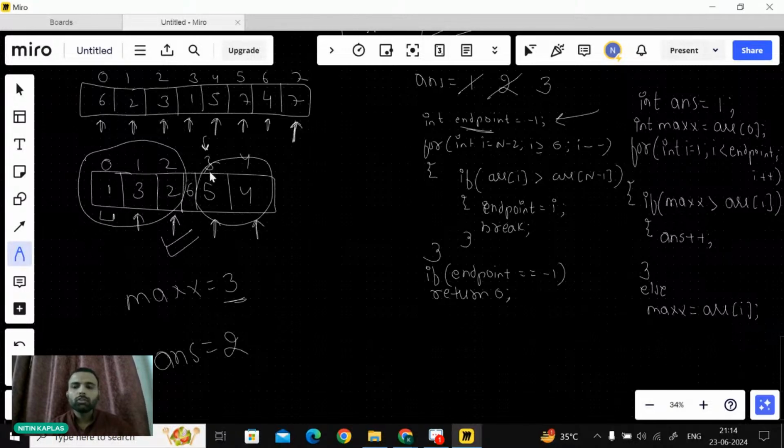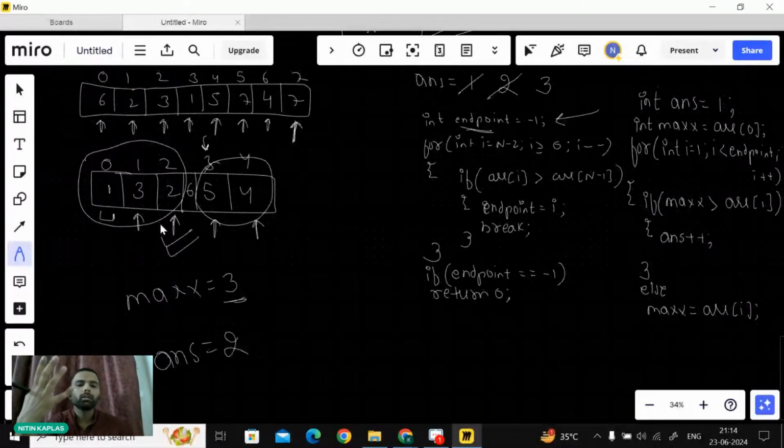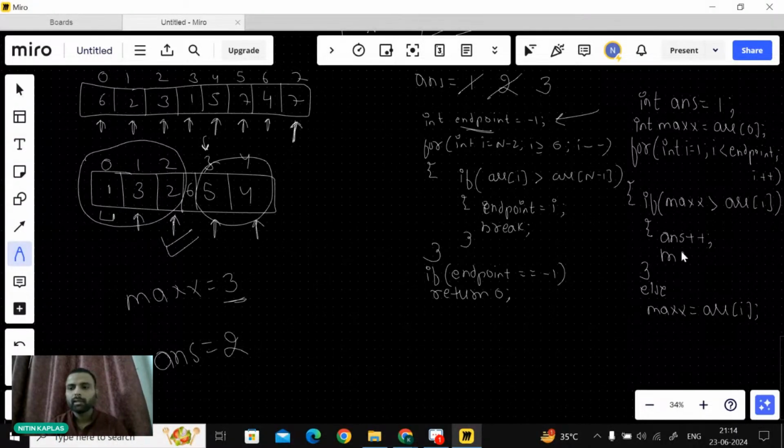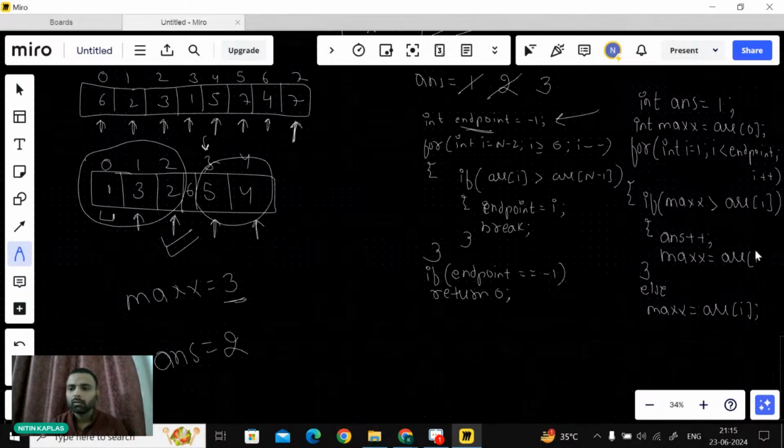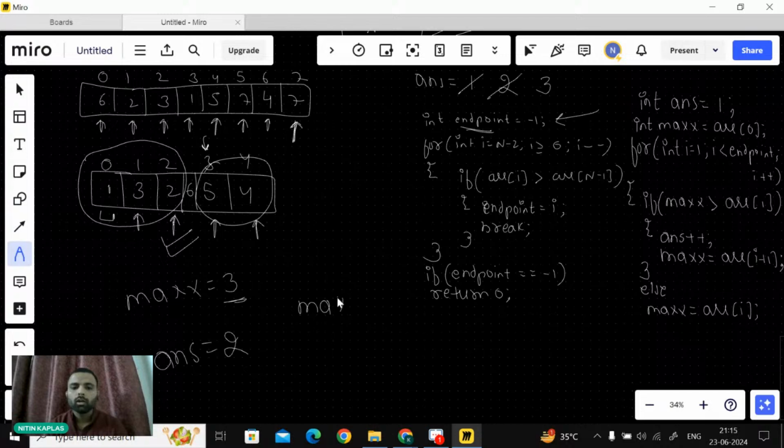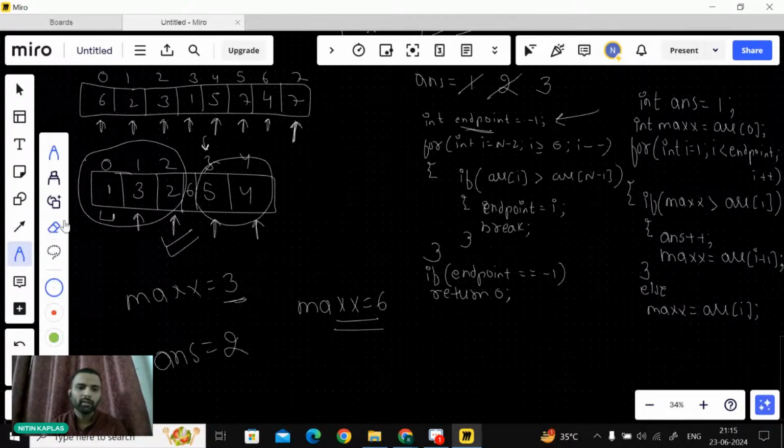So what's your next max value for the current element? Simple. Your max element is array of I plus 1, because you already included 2 here, right? Your next element will be array of I plus 1, right? Now my max value for another value is 6, right? Because here we don't have 6, right?